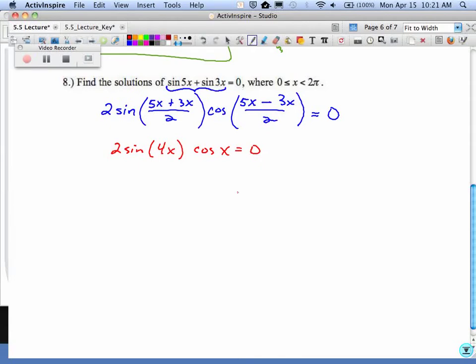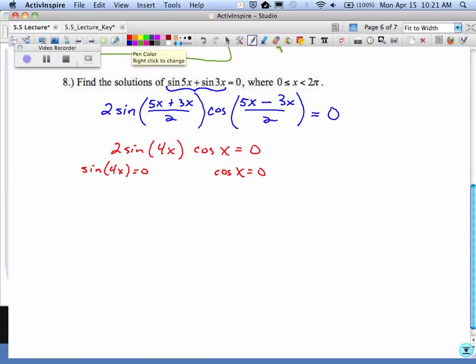So when you go to split this up into the two factors, I really don't need to do anything with the 2. Setting 2 equal to 0 does not help. But we're going to set the sine of 4x equal to 0, and we're going to set the cosine of x equal to 0.